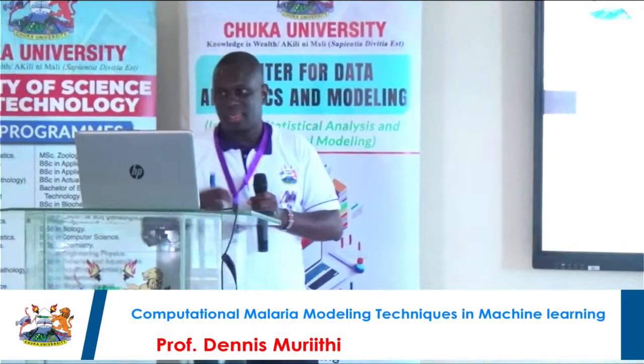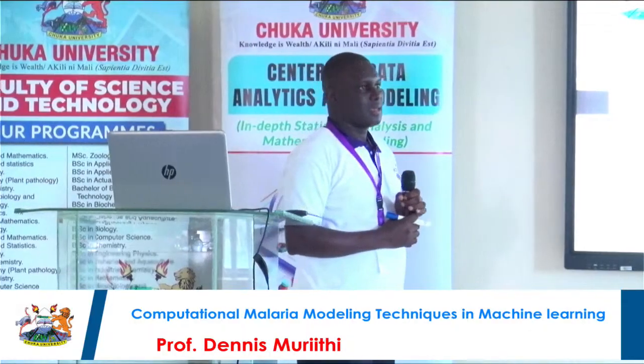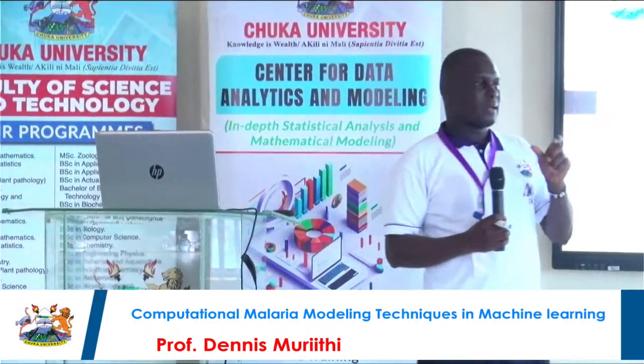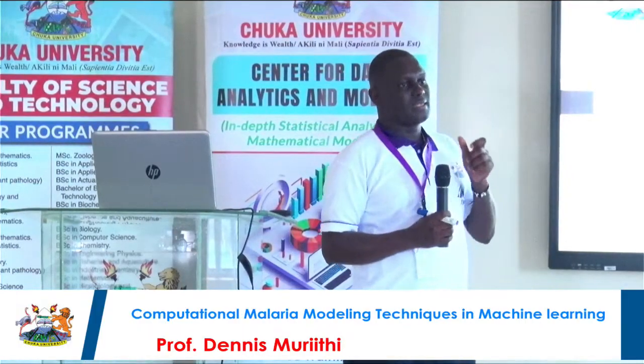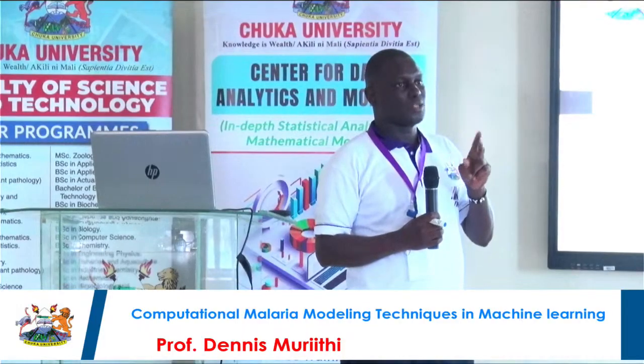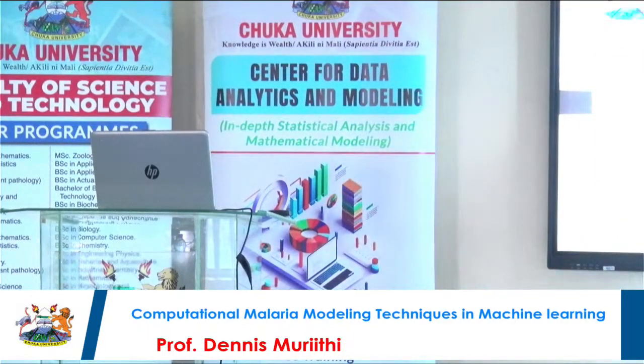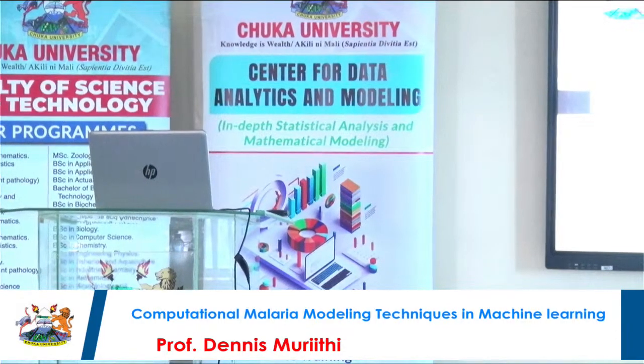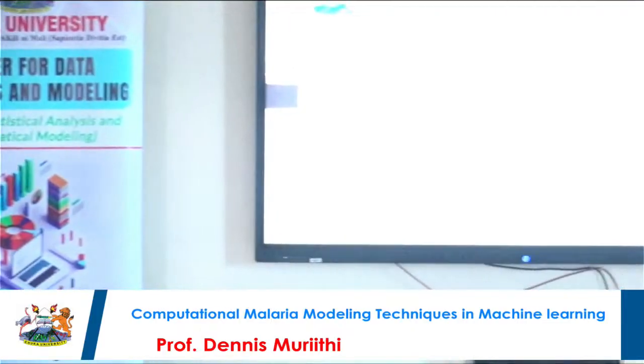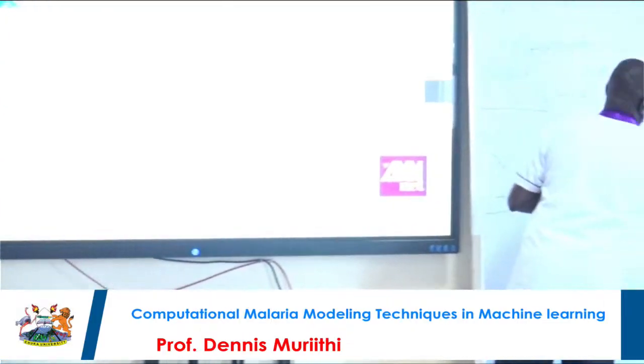The other important thing in machine learning is that when you get the data, it is split into two sets. The first set is the training set, and the other one is the test set.